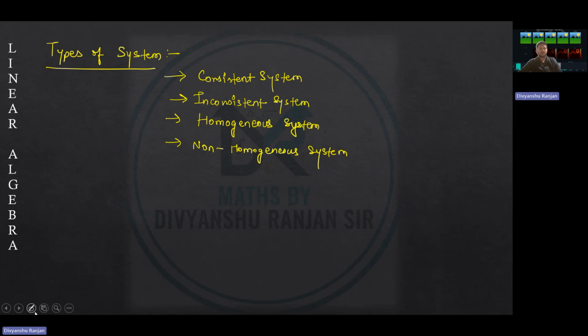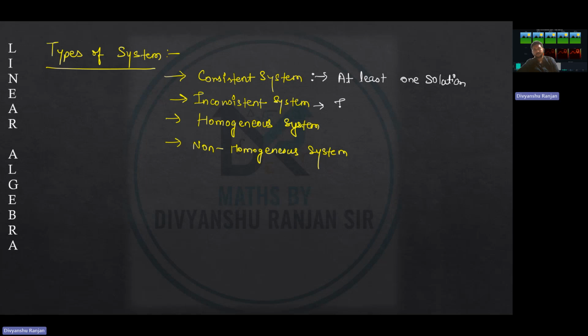First one, the consistent system. Consistent system: a system that has at least one solution. Second is the inconsistent system: a system that has no solution.